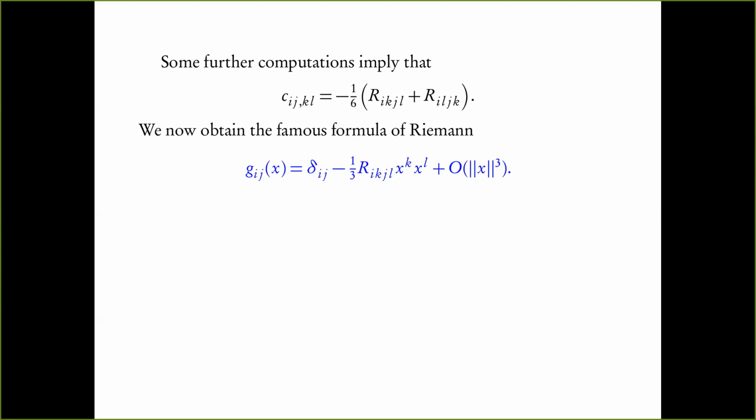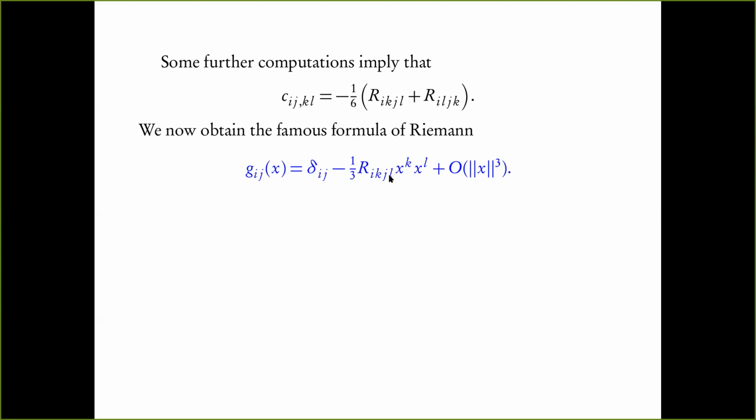So this is nice. It says that if you expand the Riemannian metric, it's identity plus some second order stuff. The second order captures the curvature, and then there are higher order terms. And one can say a lot more about what the higher order terms are. We will make those remarks next time. But for now, you note that if your manifold was flat, then you know that Rikjl is 0 for every point. One thing to note here, it's a small typo.